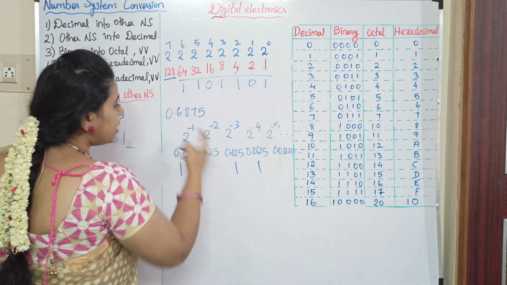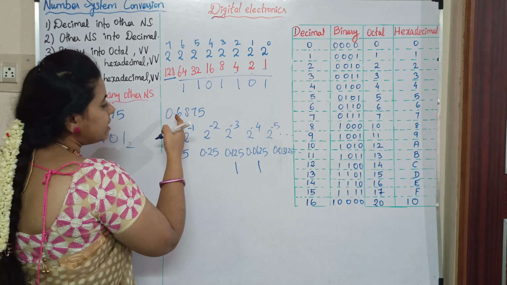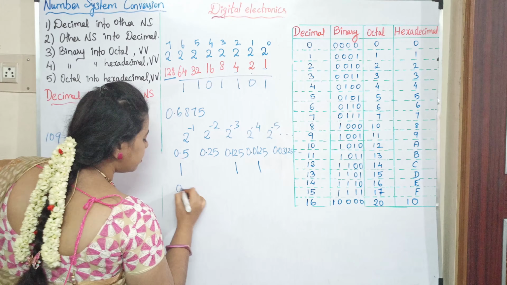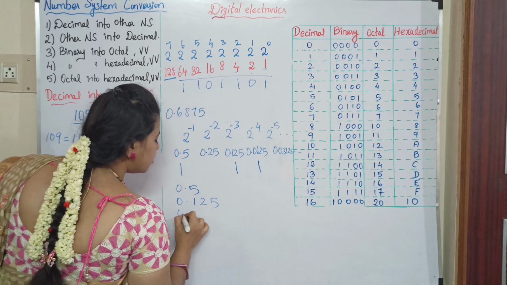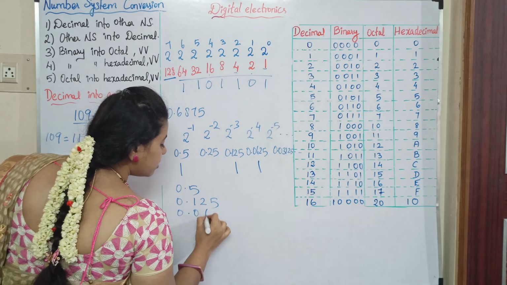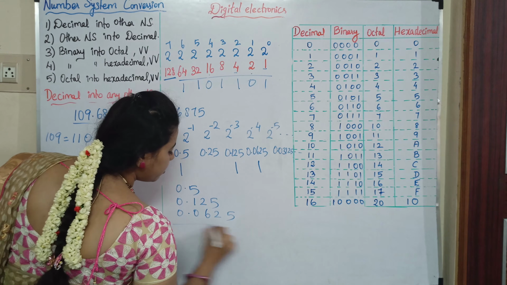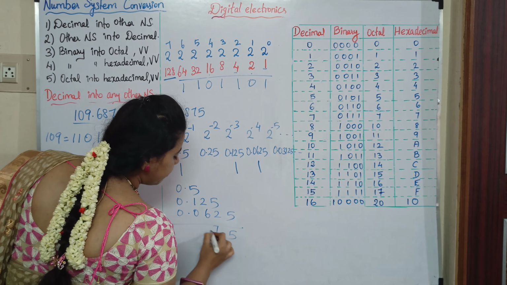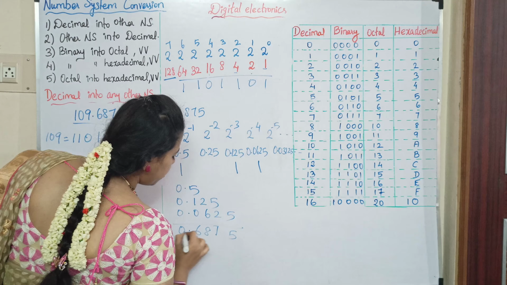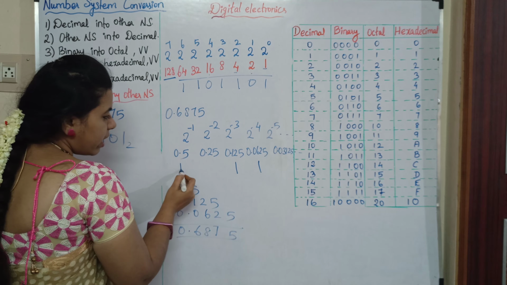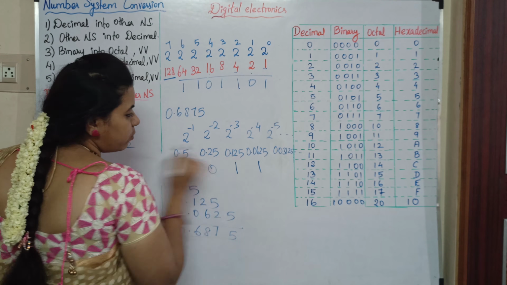By adding 0.5, 0.125 and 0.0625, I will get the value 0.6875. That means 0.5, 0.125, 0.0625. So the binary digits are 1, 0, 1, 1.